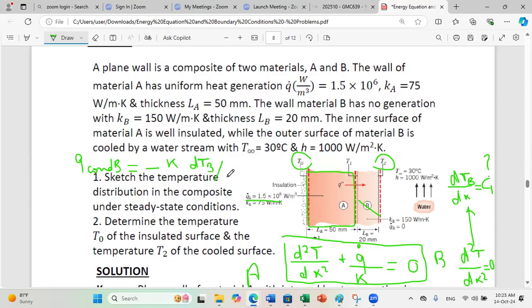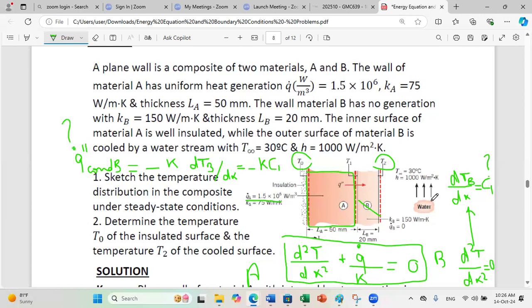And since dTB by dx is constant, equal to C1, the conduction rate in material B is constant. Okay, of course, here this is the conduction flux, Q second. If you want the conduction rate, you just multiply by the area. But since here we don't have any information about the area, then we can work with the conduction flux. So the conduction flux is constant, equal to minus K times C1. Okay, now, how to get this conduction flux?